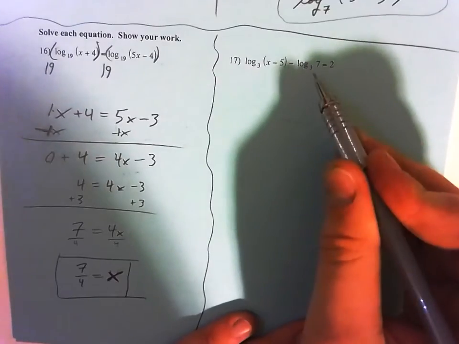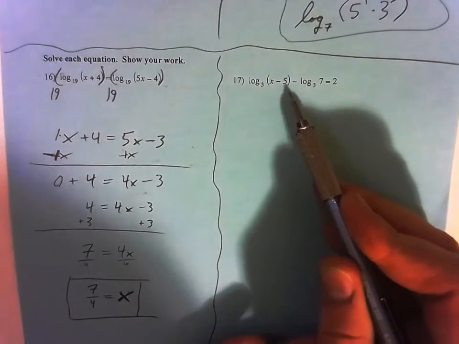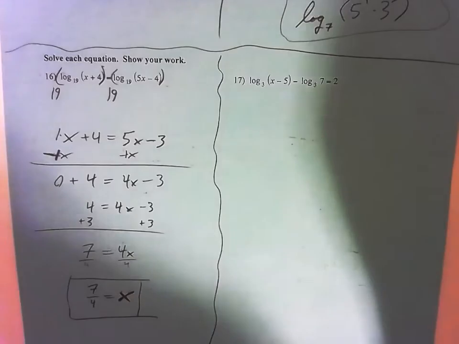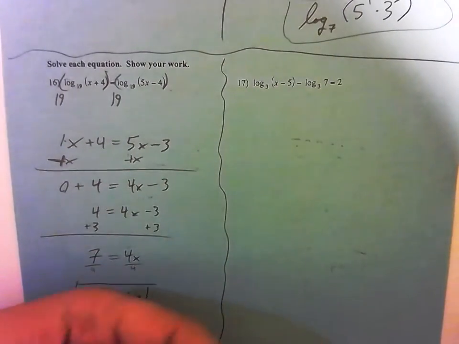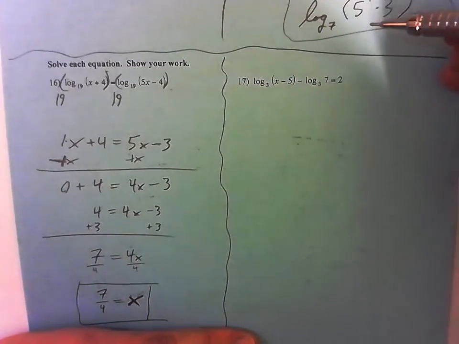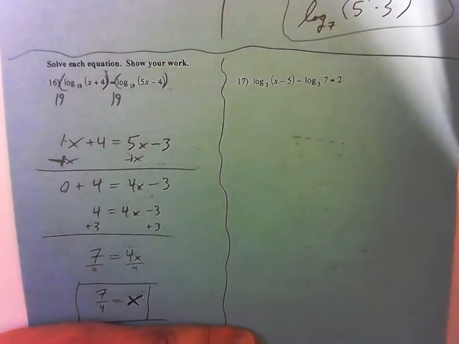Okay, this one. Instead of 19 to the power to get rid of log base 19s, we're going to do 3 to the power of something to get rid of log base 3s. But first, we've got to combine the logs so that all that's on the left side of the equation when we do 3 to the power of it is a single log base 3.